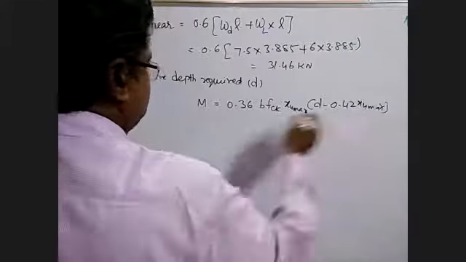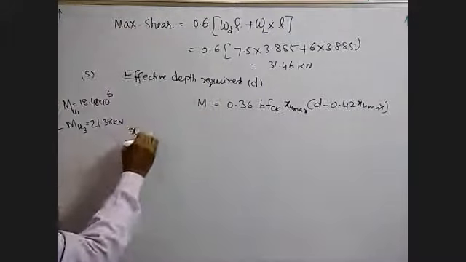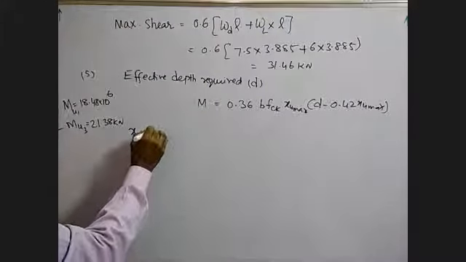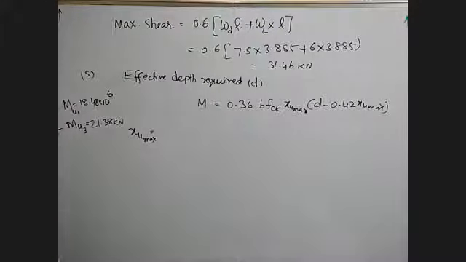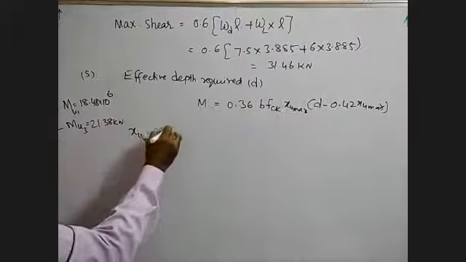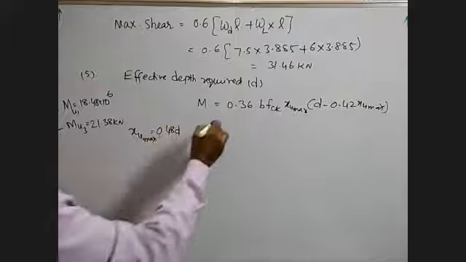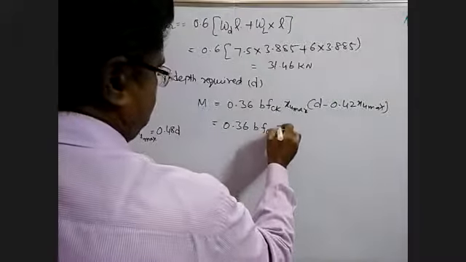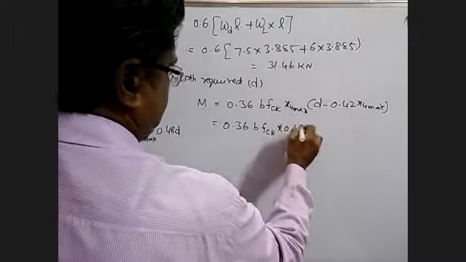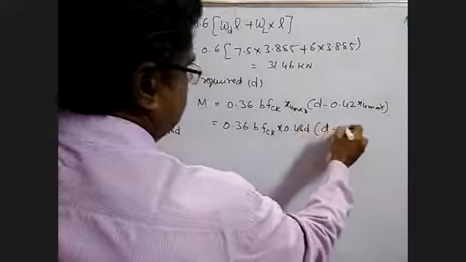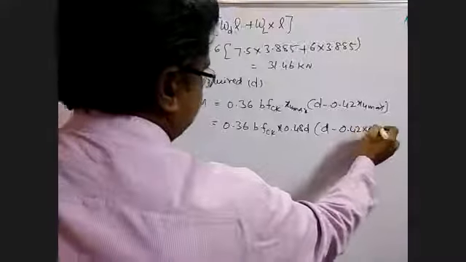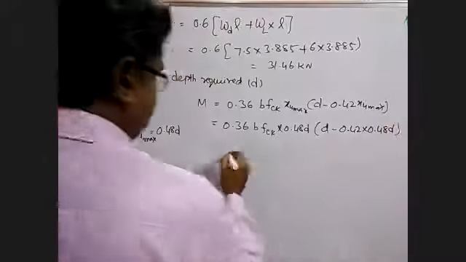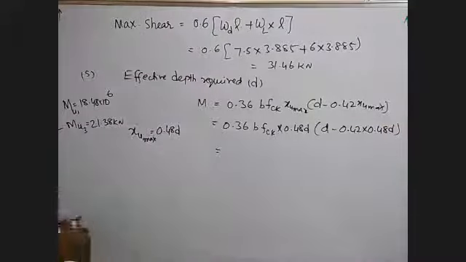Okay, so XU max is 0.48 D. So substituting, 0.36 into B into FCK into 0.48 D into D minus 0.42 into 0.48 D.